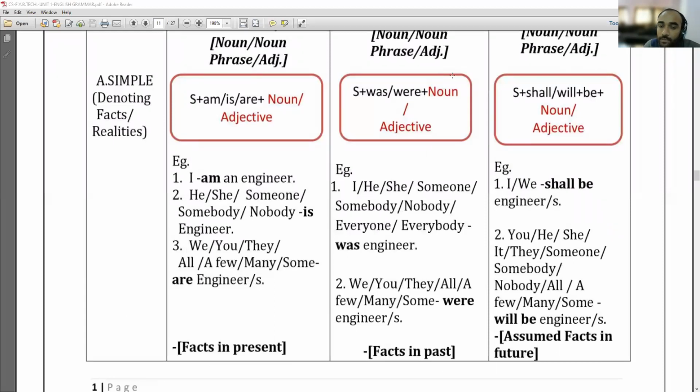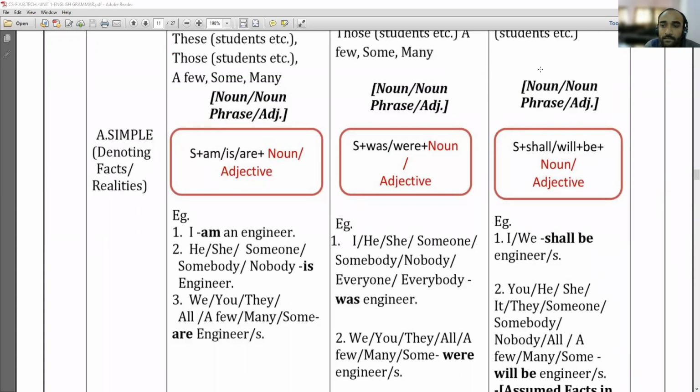We use simple tenses for showing or denoting facts, whether those facts are in the present time, in the past time, or in the future time. Whatever the facts, we generally use the simple tenses for showing those facts. So simple tenses are used for denoting facts or realities.